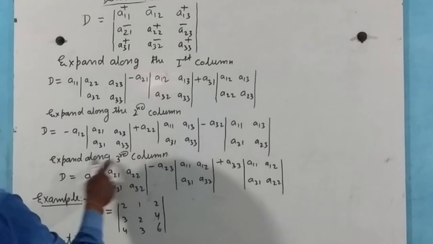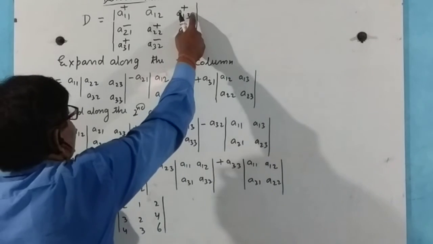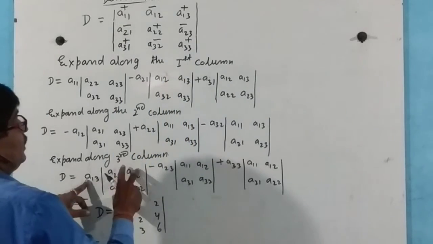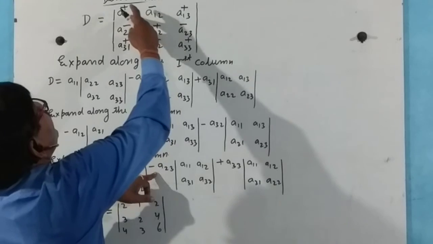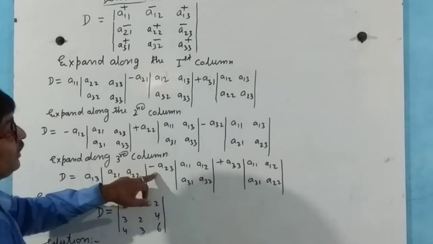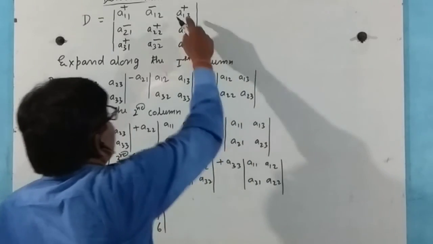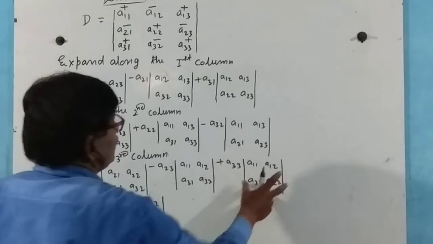Now expand along the third column, we get A13 plus deleting this and this four terms comes here, minus A23 deleting this and this, A31 and A32 and this is A33, so that deleting this and this four terms comes here.